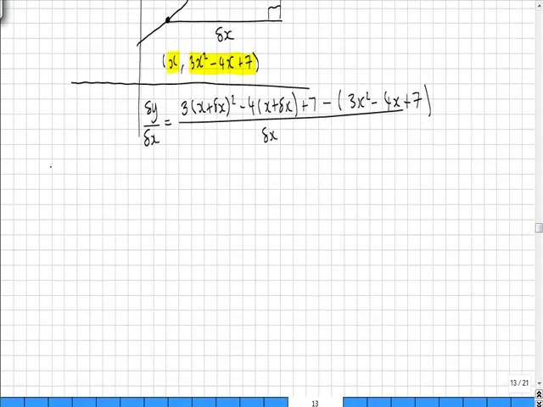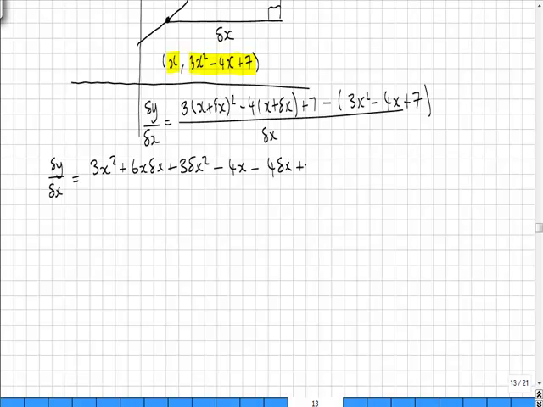Next stage obviously is to expand our brackets, giving us delta y over delta x is equal to 3x squared plus 6x delta x plus 3 delta x squared minus 4x minus 4 delta x plus 7 minus 3x squared plus 4x minus 7, all over delta x.